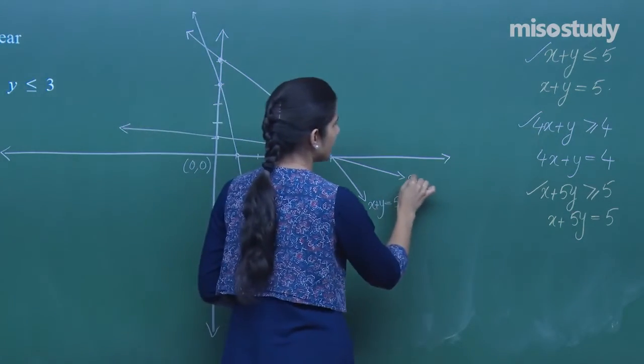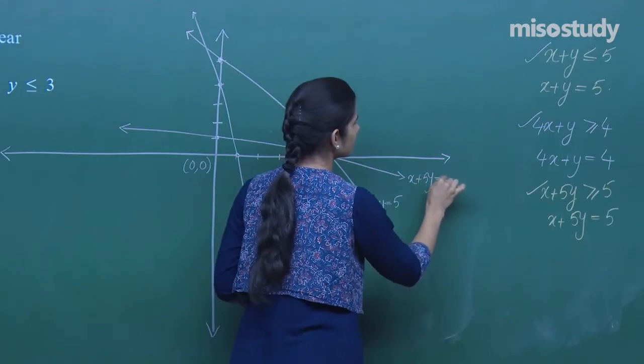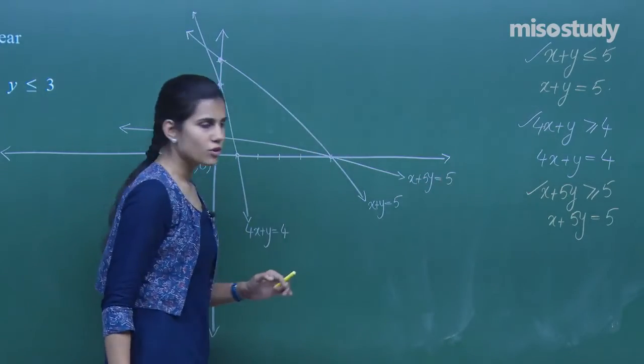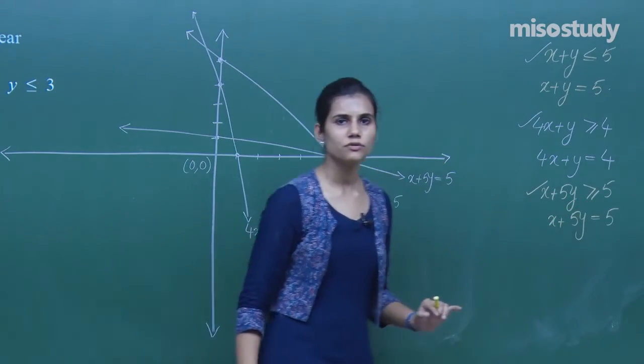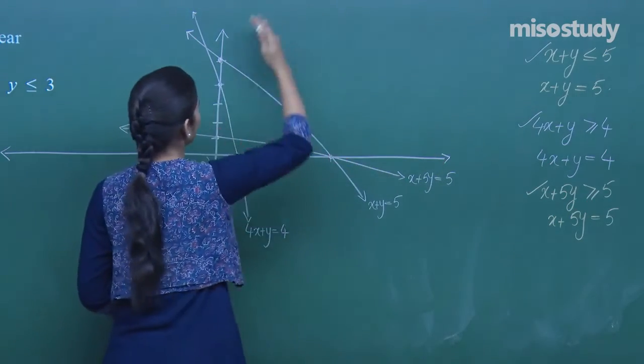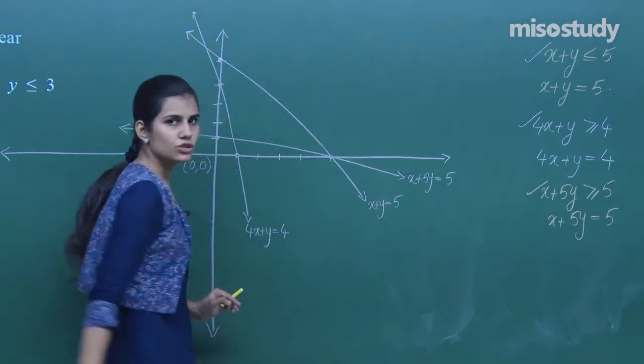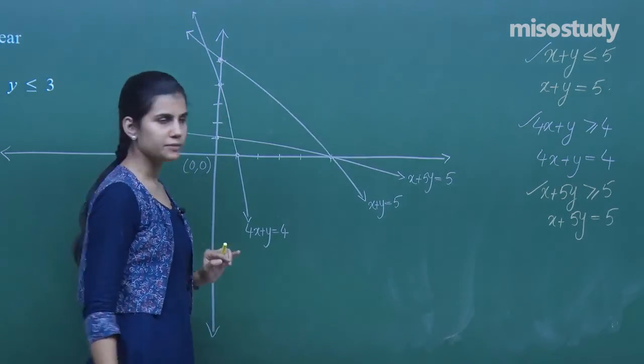This is your x plus 5y equals 5. Again 0, 0 is not lying on it. When you put 0 here, you get 0 is greater than or equal to 5, which is false. So everything above this line is the solution region, which is not involving the origin.